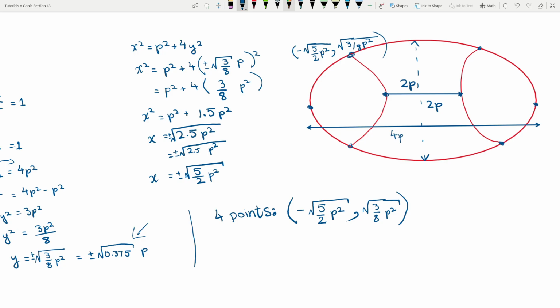Okay, our next point is negative 5/2, same thing, same x value, but it's negative 3/8. That is this point right here.